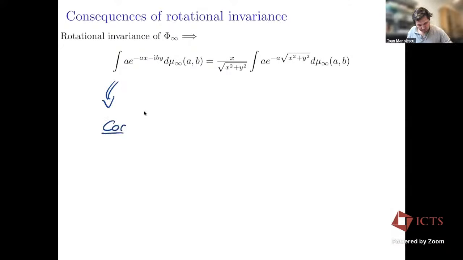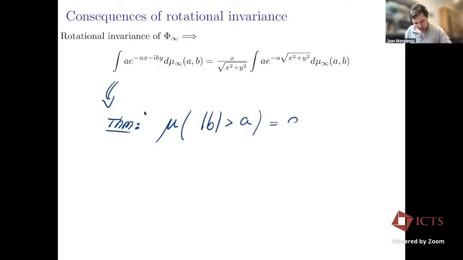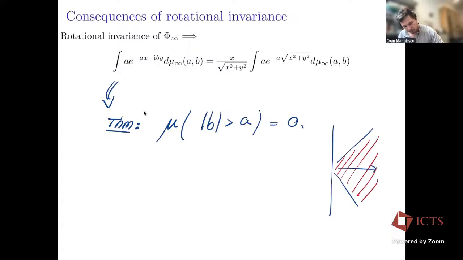The corollary of this, or the theorem that you get out of this, is unfortunately not that the measure is concentrated in diagonals, but that it's concentrated below the diagonals. So this tells you that all the measure is concentrated here, on the diagonals or below.